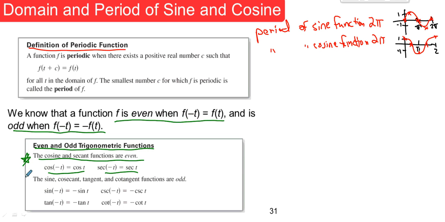Sine, cosecant, tangent, and cotangent are all odd. You're just going to write all those down. When you put in a negative, sine of negative t, you get the negative sine of t, or that opposite value.